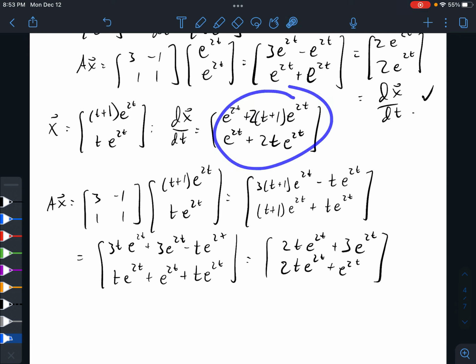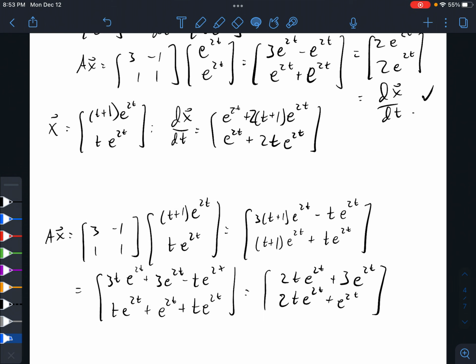And this still doesn't look exactly like this, so let's go a little further up here. I'm going to make some more space here, actually.